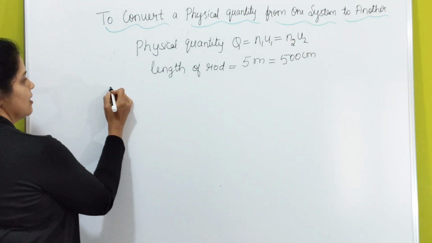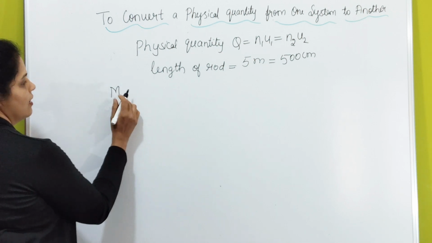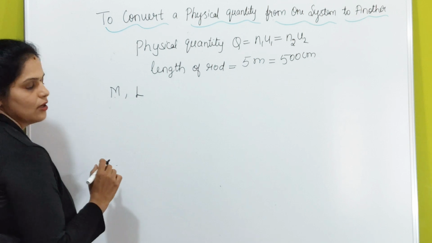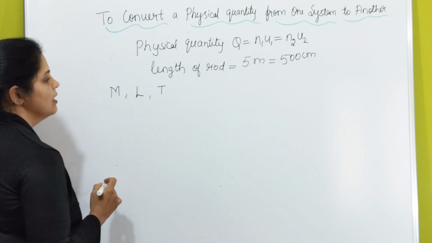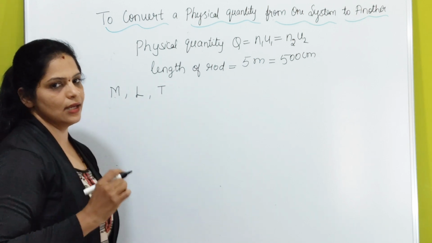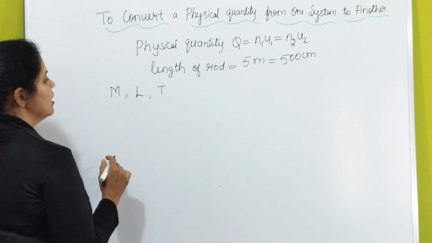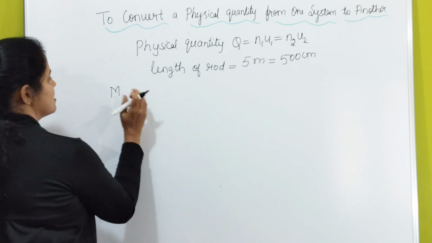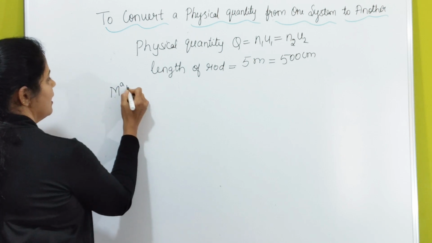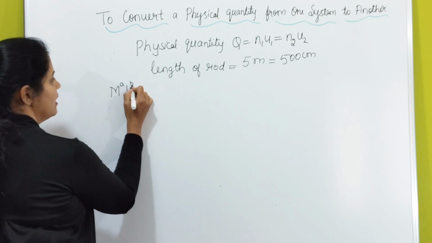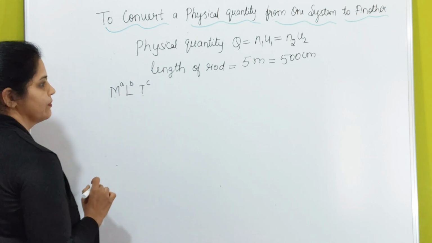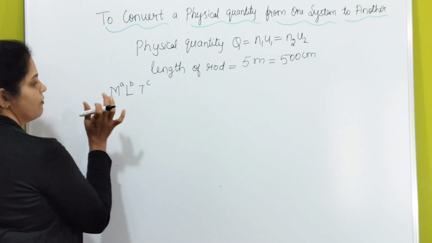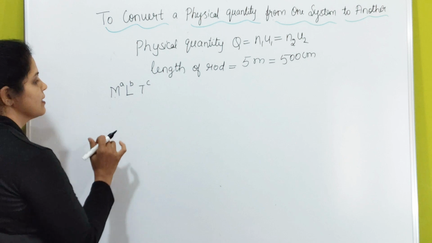Now let us consider mass is written as M and L be the length and T be the time. These three are the fundamental quantities. Okay. I'll write dimensional formula like this: M to the power A, L to the power B, T to the power C. Okay. So this is nothing but dimensional formula of one physical quantity. Right.